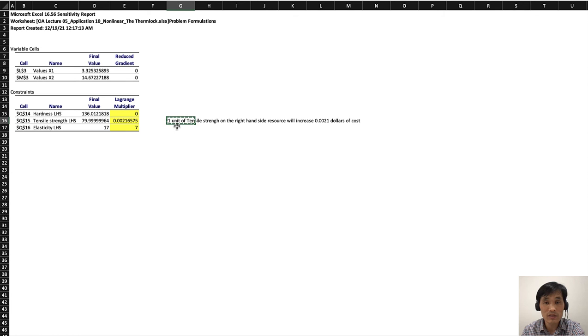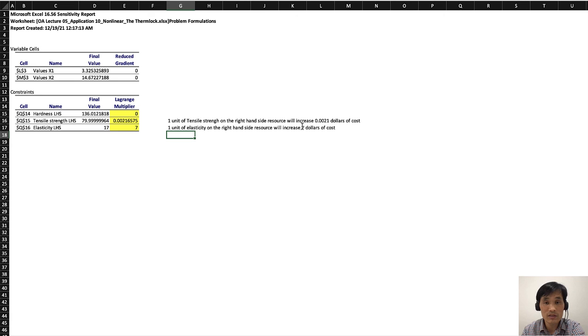Similarly, you can do the same thing for elasticity. 1 unit of elasticity on the right-hand side will increase the total cost by $7. So you see that increasing elasticity would be a very serious one.